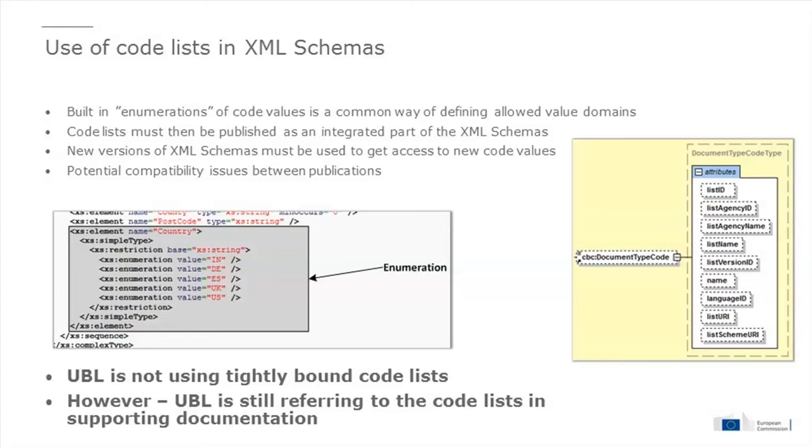And then when the XML is validated, it is a two-phase validation. So you do the XML validation, and then you can do the code list validation, but it's two steps rather than just one validation of the XML schema containing both the structure and the codes. So this is something to have in mind.